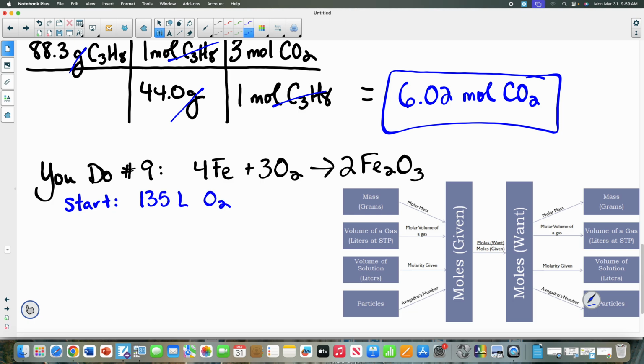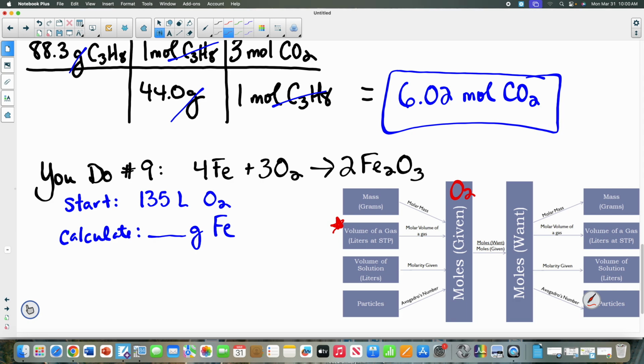It's gonna get a lot worse, I promise. And we want to calculate grams of Fe. Okay? So let's figure out where on the map we're starting, which is here, volume of a gas, that's O2.